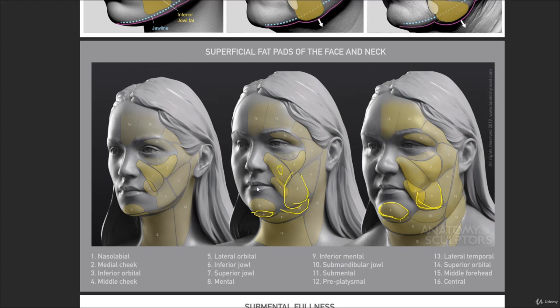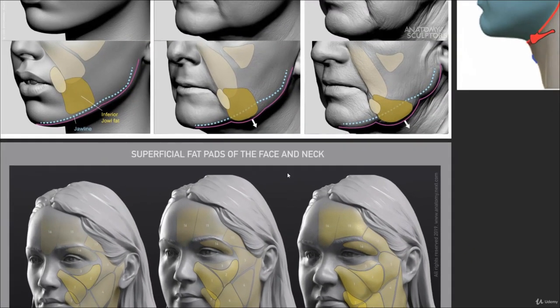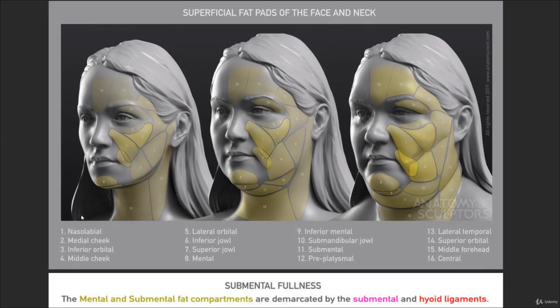The very first one is the nasolabial, also called malar. I think it's malar for this one, and then note how the 7 will be related to the nose shape. Let's see, superior jaw, and 6 the inferior jaw.